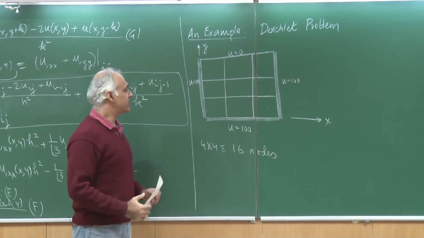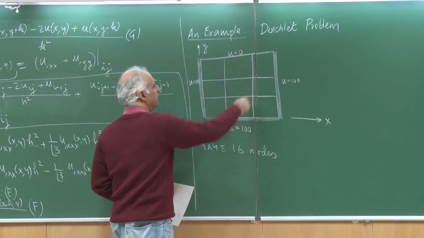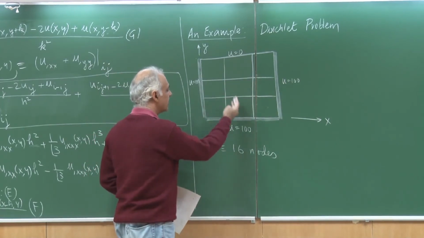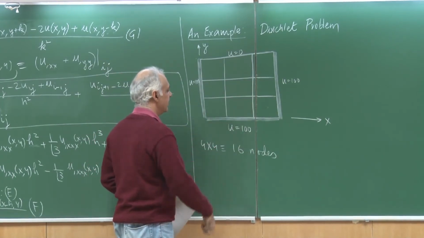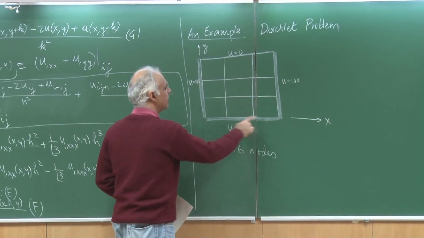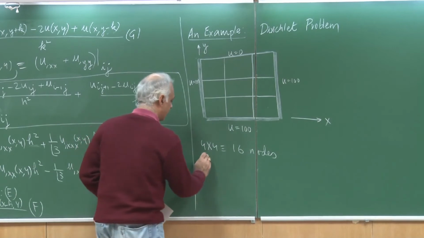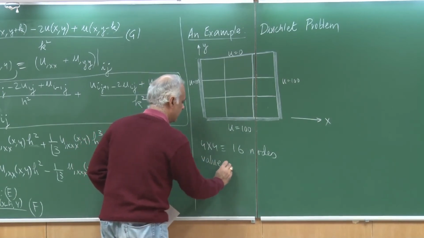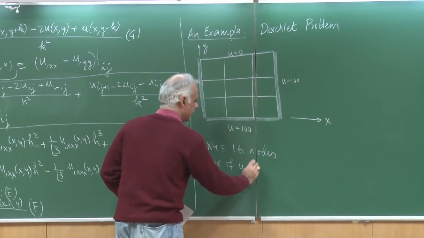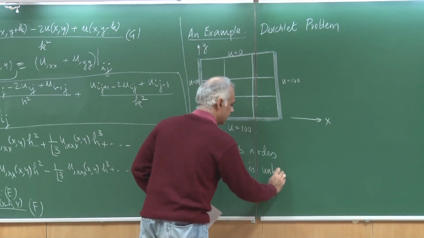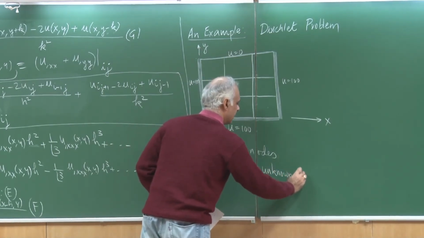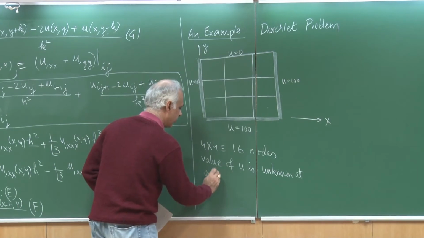Okay. So, the challenge is I am supposed to find out the temperature field inside, but because I have used only 16 nodes, so I already know the value on the boundary nodes and only 4 remain. So, value of u is unknown at only 4 nodes.